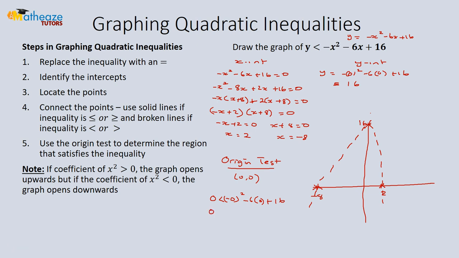So 0 is less than 16. This is a true mathematical statement. So that means that the region that has the origin is the region that satisfies the inequality. So that is this right here. We can see the origin in here. So this is our region that satisfies the inequality, inside of the graph.